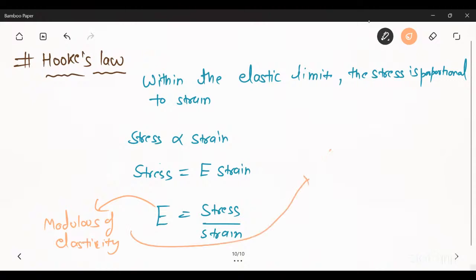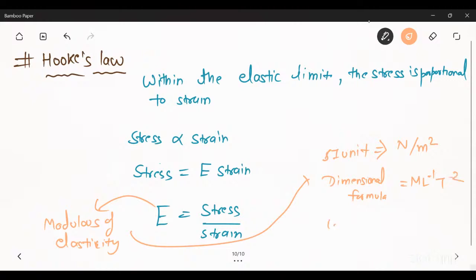Its SI unit will be the same as the unit of stress, because strain does not contain any unit. So the SI unit of modulus of elasticity is Newton per meter square. The dimensional formula is also the same, M L minus 1 T minus 2.